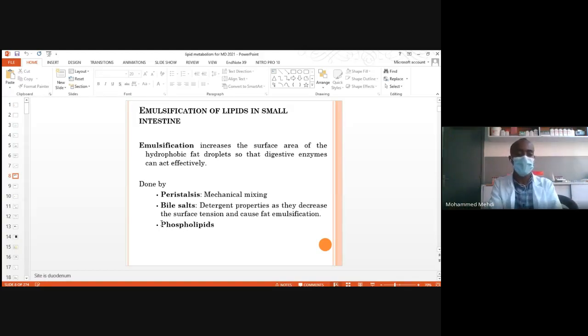It acts like an adapter between the polar enzyme or polar environment and non-polar lipid. All this gives us emulsification. As a result, the enzyme will get interaction or interface between lipid and enzyme. So we'll have maximal digestive function as a result of this emulsification function.